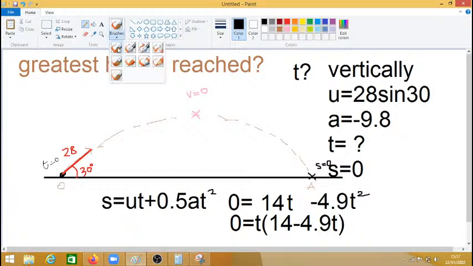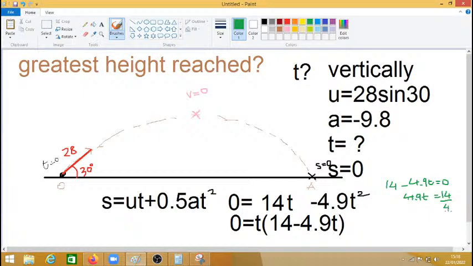So let's solve that on the side. We've got 14 take away 4.9t is equal to 0. Let's rearrange that. So that would become 4.9t is equal to 14. And then divide by the 4.9, and that's your t.